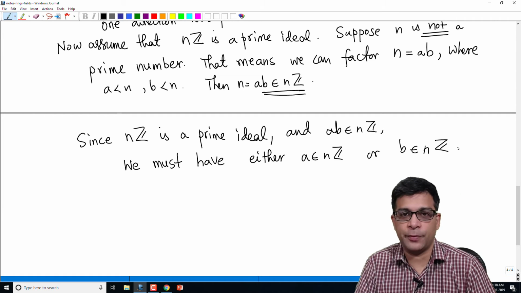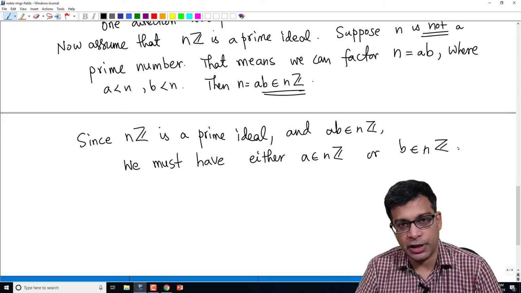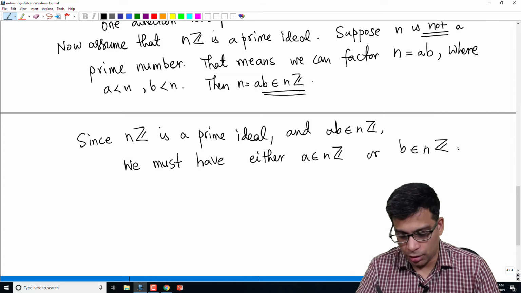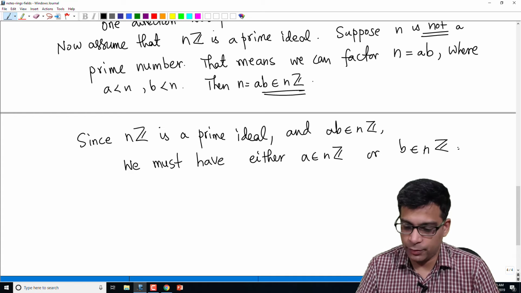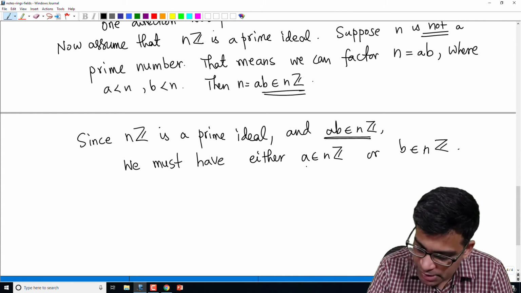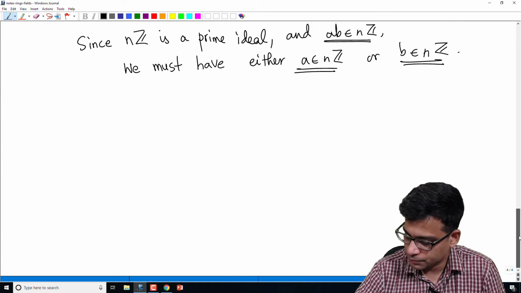This is the definition of a prime ideal that I gave in the beginning of this video. If you have a prime ideal in any ring, that means if a product of two elements in the ring belongs to the ideal, one of the elements must belong to the ideal. So if ab is in nZ, we have a in nZ or b in nZ.